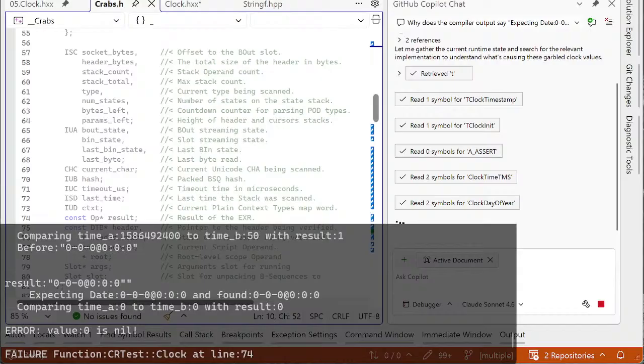I ain't getting no money out of this. I'm just eagerly awaiting.